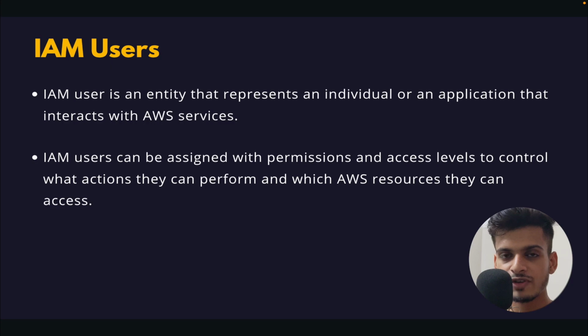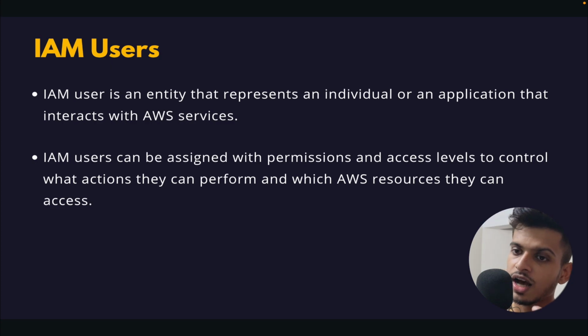First, let me give you a basic idea regarding what an IAM user is by going through the slide. An IAM user is an entity that represents an individual or an application that interacts with AWS services. This simply means that an IAM user is just like a person like you and me, who is going to interact with an AWS service.